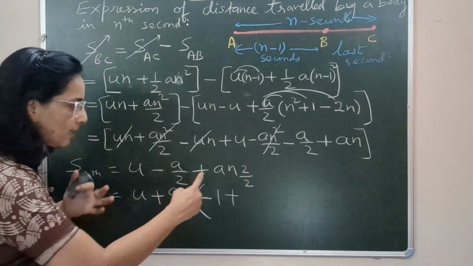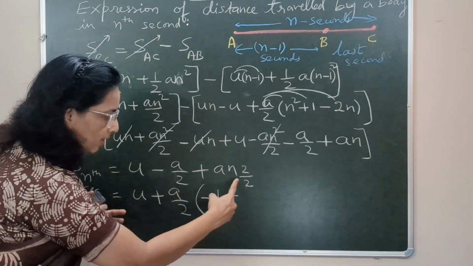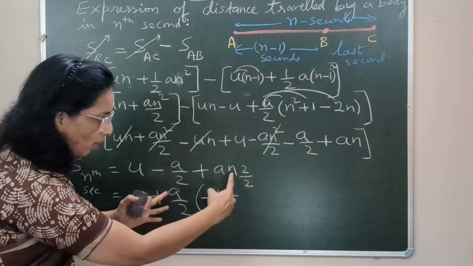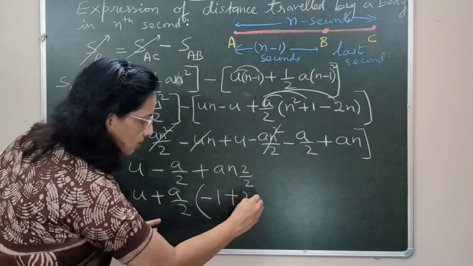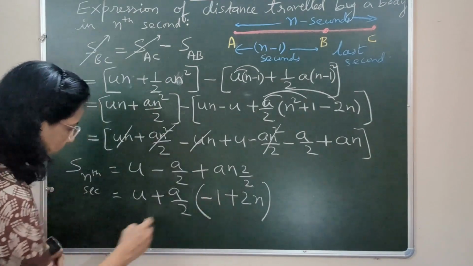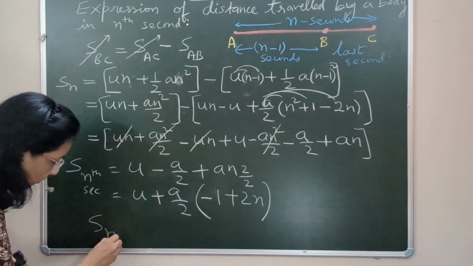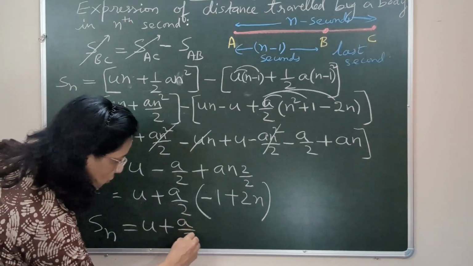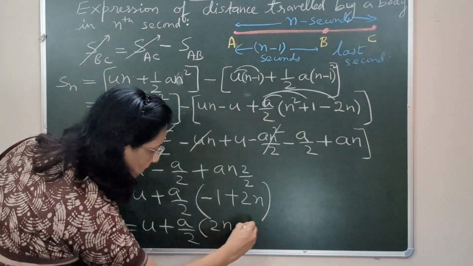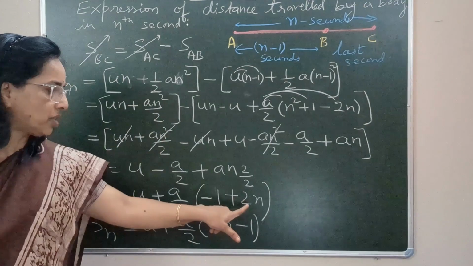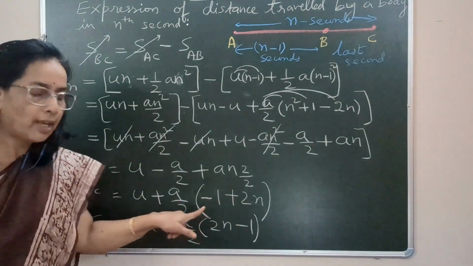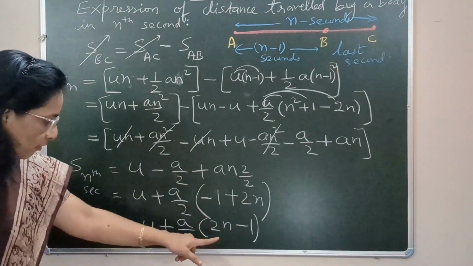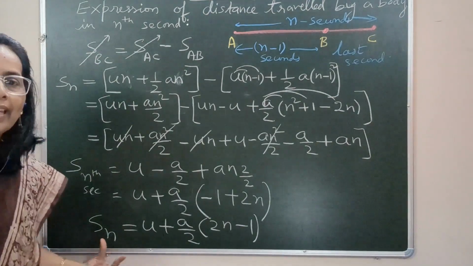So when we do that, a by 2 is out. What is left is a twice n. So this is a twice n. Writing this thing in order, distance traveled by a body in nth second is u plus a by 2 times 2n minus 1. Writing the positive term first, negative term next. So this is the mathematical expression for distance traveled by a body in nth second.